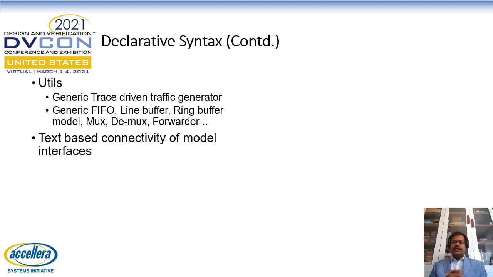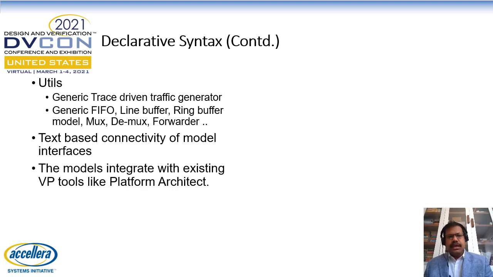Instead of doing code-based connections like writing C++ or SystemC code, this same connectivity could also be done using a simple text-based description. A simple CSV file says what is a port and what port or ports you want to connect it to, and any intermediate components like channels, etc. would be dynamically instantiated and the connections done. The best part is this infrastructure plays well with existing simulation tools, for example, Platform Architect.